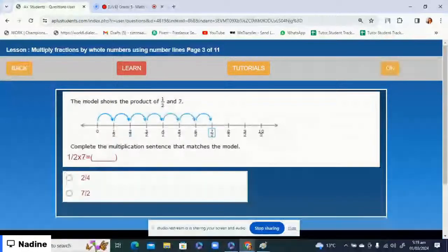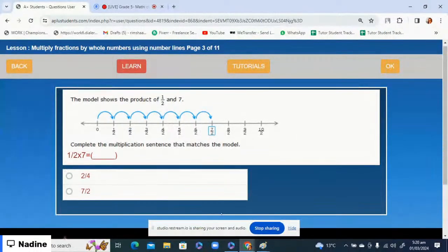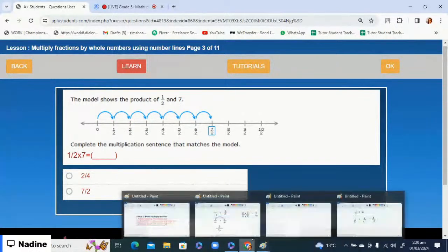Now the model shows the product of 1/2 and 7. And your arrow stops at 0 to 1/2, then 1/2 to 2/2, then 3/2, 4/2, 5/2, 6/2, and 7/2. Arrow stops at here. And when you find it and write your answer, let's check the answer of 1/2 and 7.